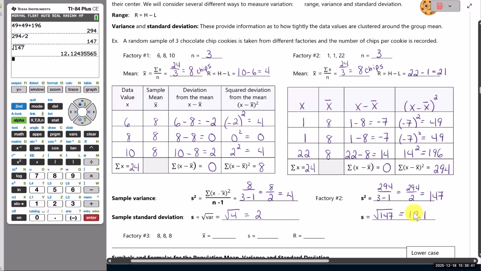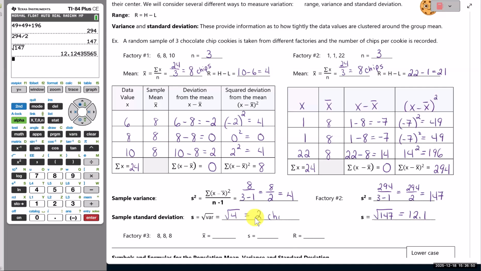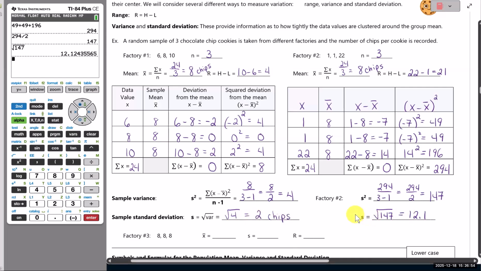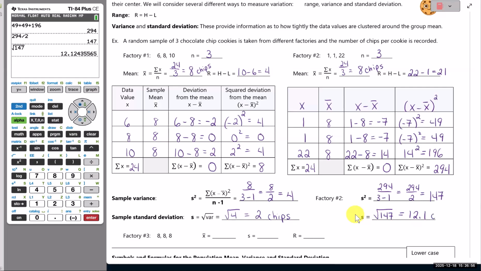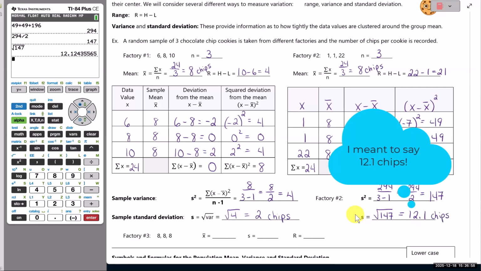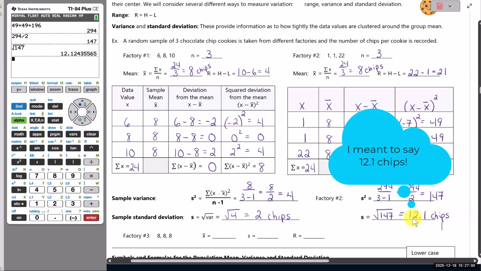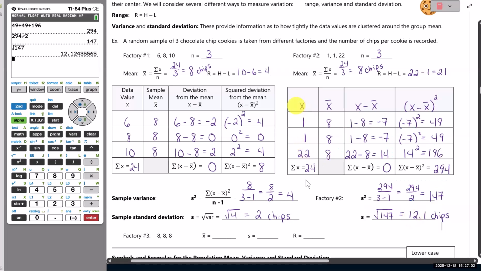So if both data sets have the same mean, they both have a mean of 8 chips, the standard deviation of factory number 1, I'm going to put units on. So for standard deviation here, it would be 2 chips versus for factory number 2, the standard deviation is 21 chips. So bigger standard deviation means these cookies are varying as a collection here more from the group mean than they did in factory number 1.